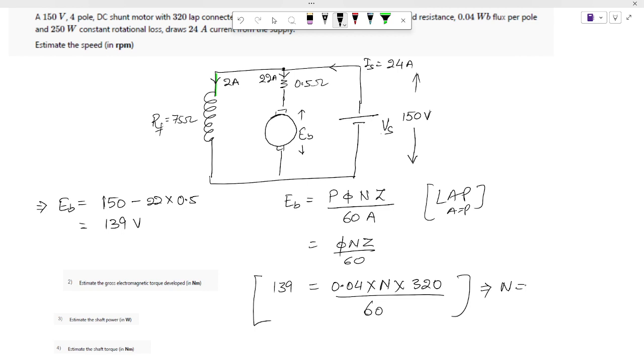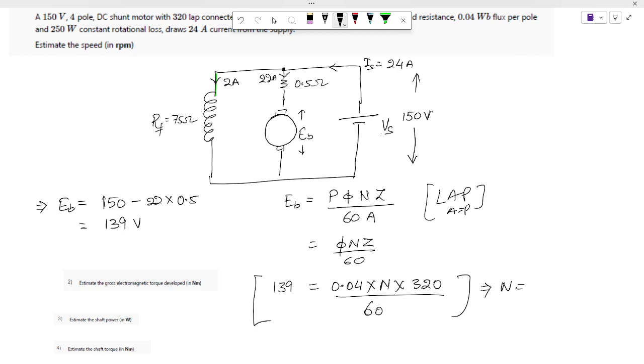Hold on one minute, let me bring my calculator. What is the value of N?